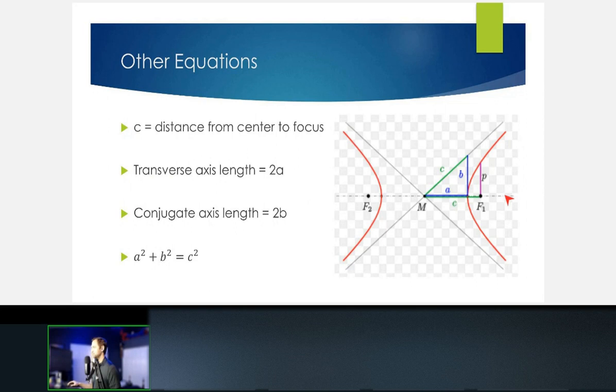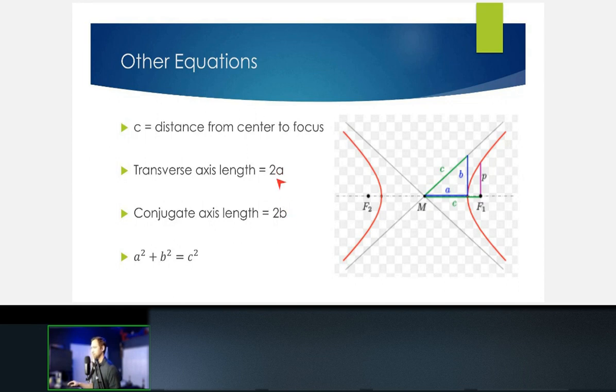So your transverse axis is parallel to the x-axis because it opens left and right. So that means the distance from this vertex to this vertex is a distance of 2a, which makes sense because from the center to one vertex is a distance of a. So a is just half of the full length, just like ellipses. So 2a is full length.